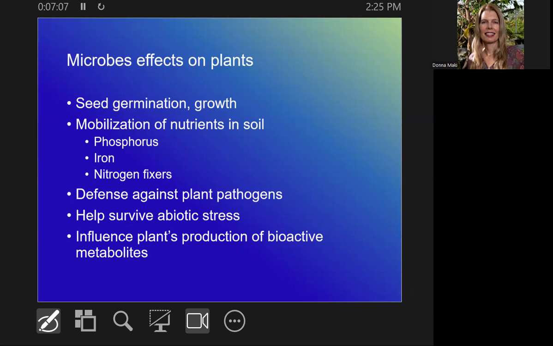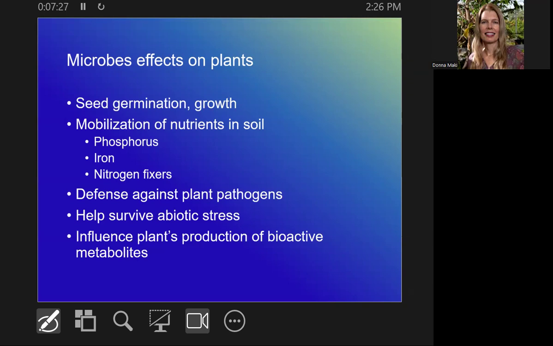And they can definitely influence what the plant is doing in terms of secondary metabolite production. You can see that the presence of the microbes does influence that, all the way to the essential oils found in basil, for example, or the THC levels or CBD levels. The presence of microbes makes a difference.